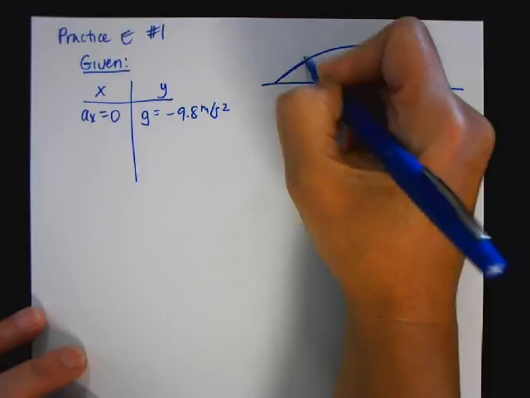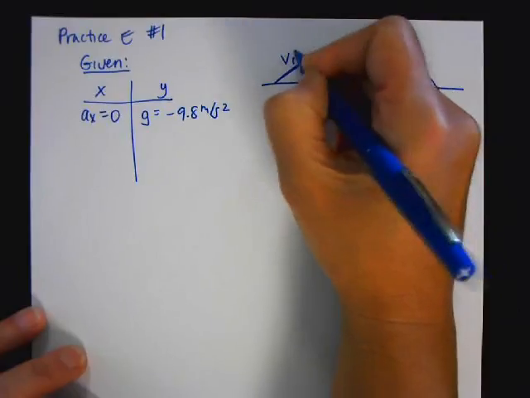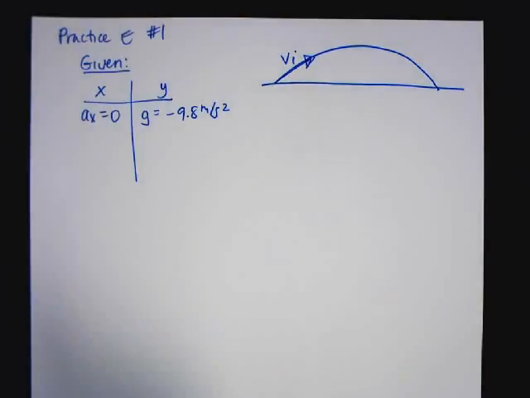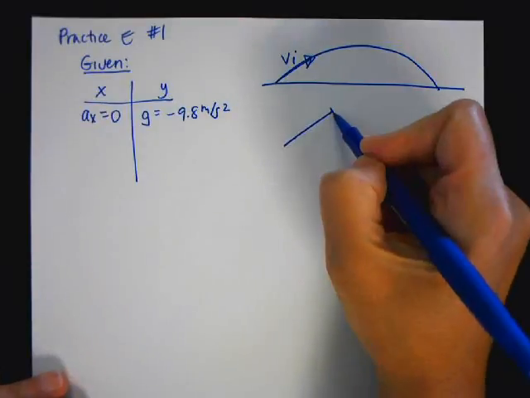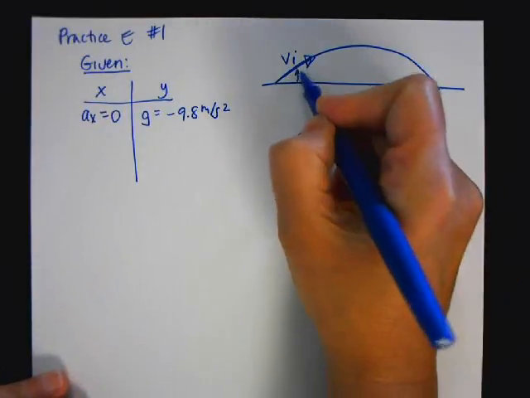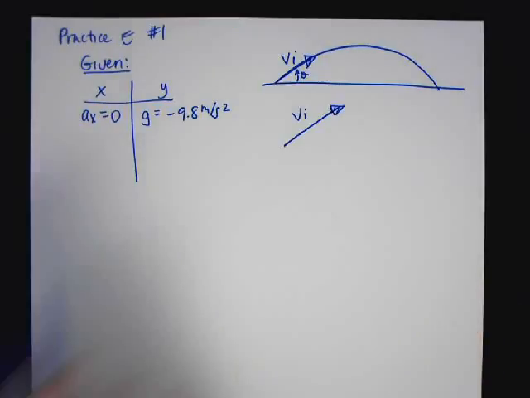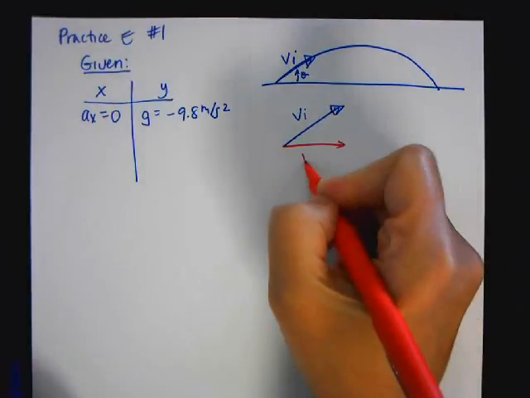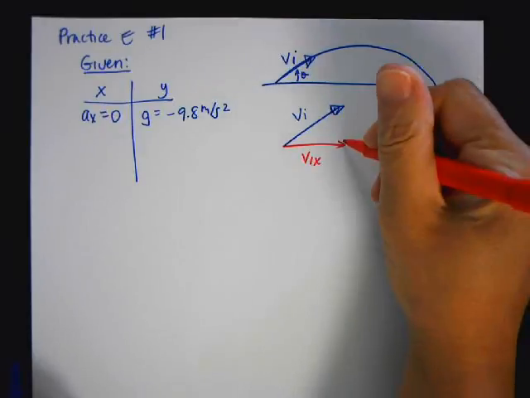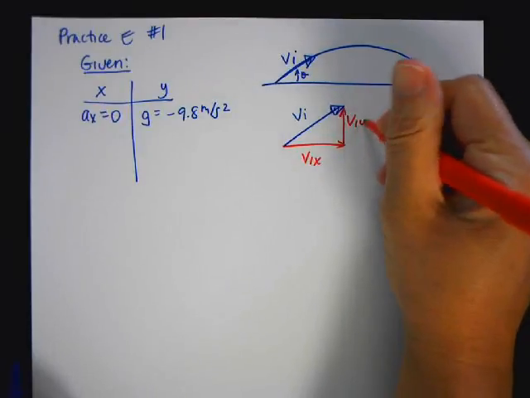This is VI, but instead of giving me VI at an angle theta, they're giving me VIX, and they're going to give me VIY already.